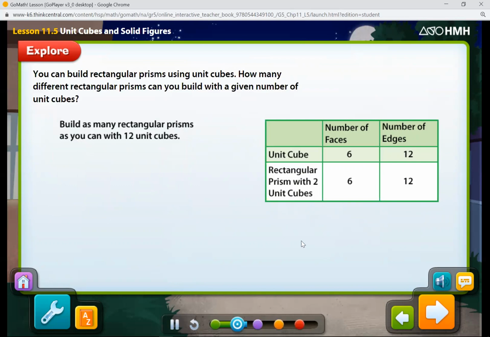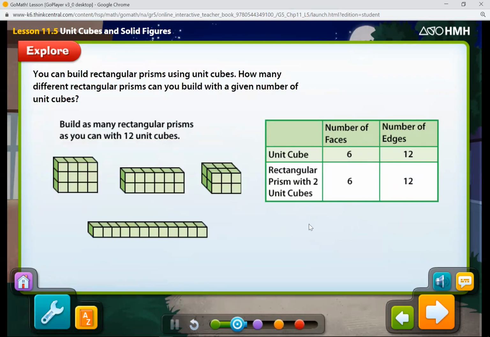Now, build as many rectangular prisms as you can using 12 unit cubes. In cubic units, what are the dimensions of each prism? They are 4 times 1 times 3, 6 times 1 times 2, 3 times 2 times 2, and 12 times 1 times 1. So with 12 unit cubes, you can build 4 different rectangular prisms.